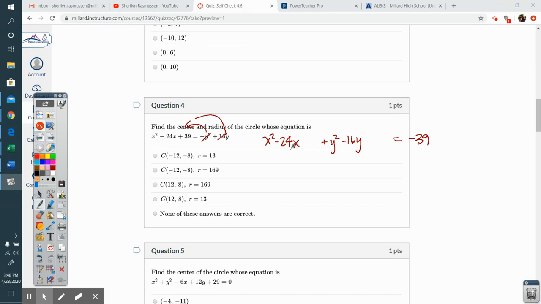Okay, we complete the square for both the x's and the y's. So take half of negative 24, which is negative 12, and you're going to add the negative 12 squared. Half of this is negative 8, so add negative 8 squared. And if you do it to one side, you do it to the other.